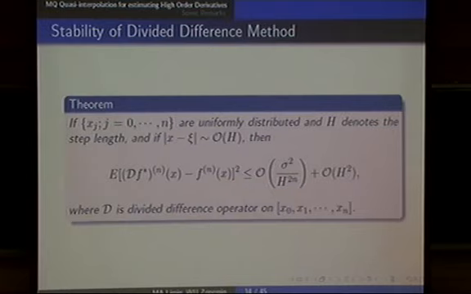Then if h is very small, this term is very large. For example, if you use 100 points in the interval 0, 1, then h is 1 over 100, and 1 over 100 to the power 2n is very large.